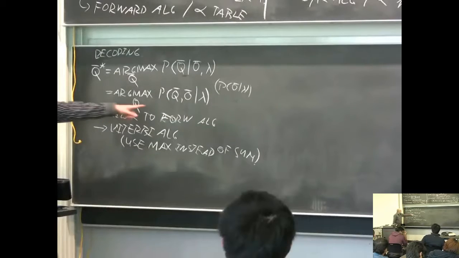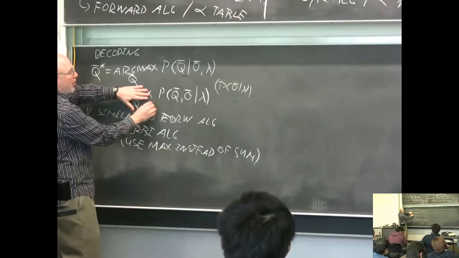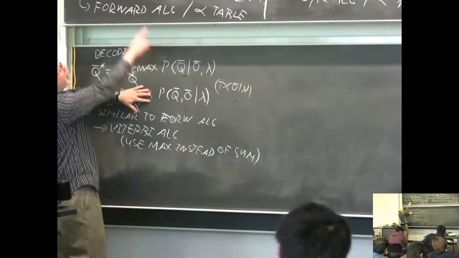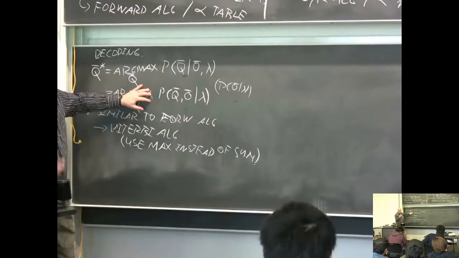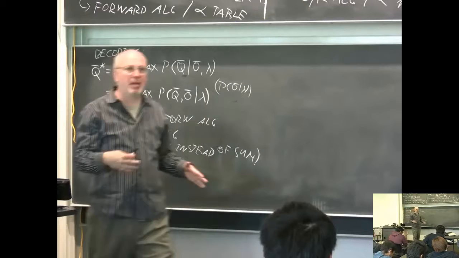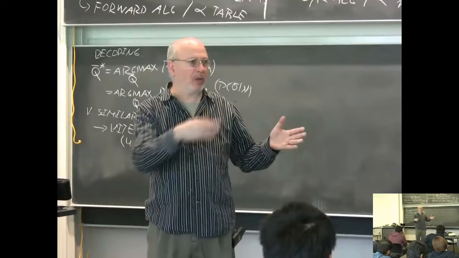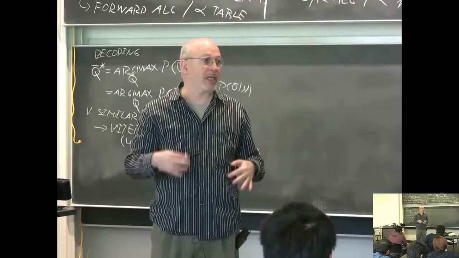If you replace this max with a sum, you basically get the forward algorithm. So the decoding problem and the evaluation problem both are solved with the same dynamic programming, with the same kind of recursion. Only one uses summation over all possibilities, the other one uses maximization over all possibilities.